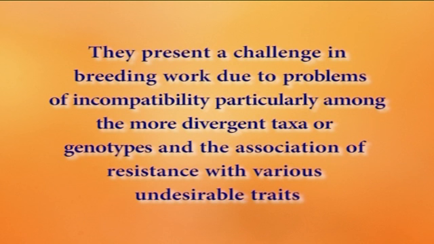Second is induced mutants. Some mutants induced by irradiation express increased levels of resistance to nematodes, for example in chickpea and potato, although their stability over time is questionable and as yet unknown. Third is plant regeneration.